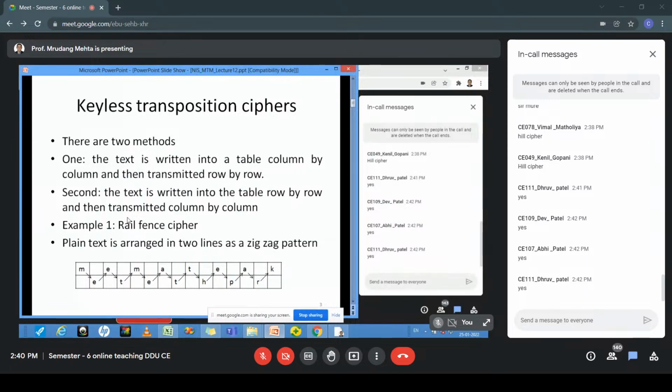Right. So the cipher text is MEATEAK, which is the first line, followed by the second line, ETETHPR. Is that clear to all of you?